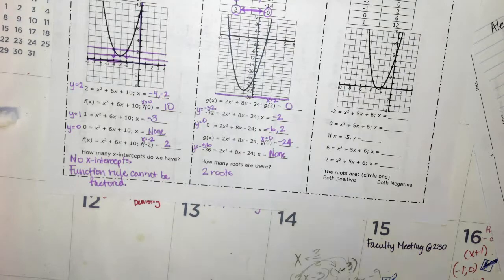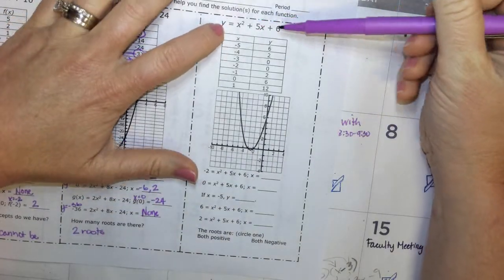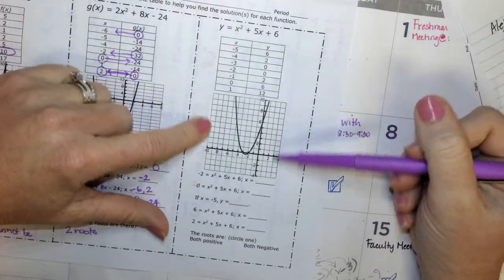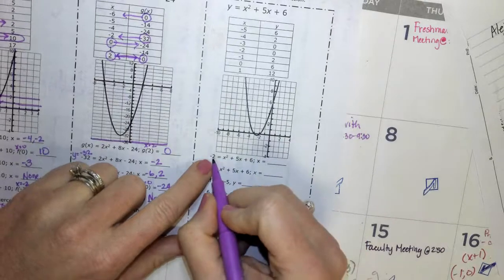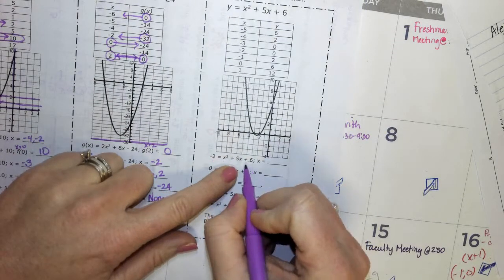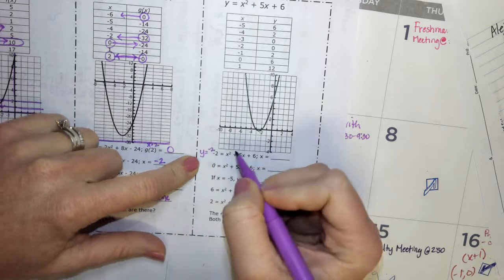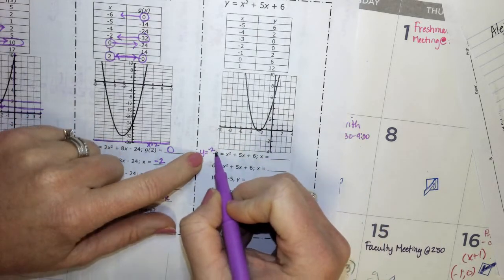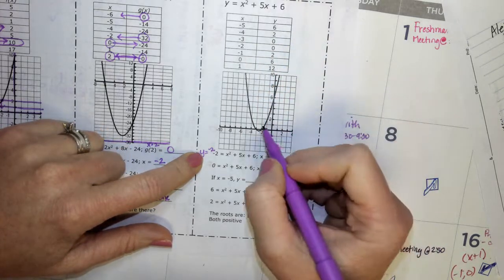Okay, so last box here. So we have the function x squared plus 5x plus 6, and they've given us the table and the graph. So now we just need to find our values. So I have negative 2 equals our function here, so that negative 2 would be my output, so that's y equals negative 2. So when I have an output value of negative 2, well, I don't see it on here.